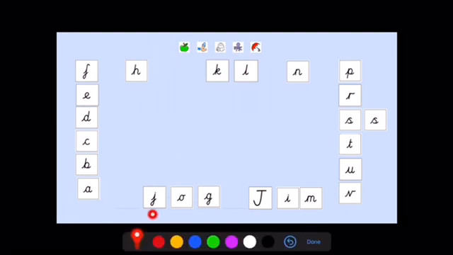I could put the J away and get the F for fog, or the D for dog. You see which sets of rhyming words you can think of, or maybe you would like to practice some of the words you have been writing.